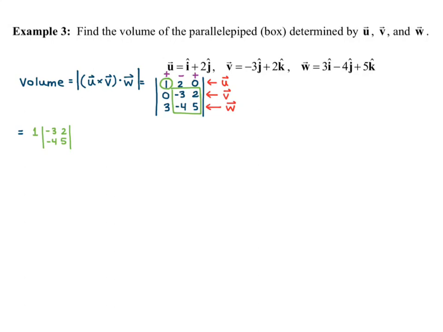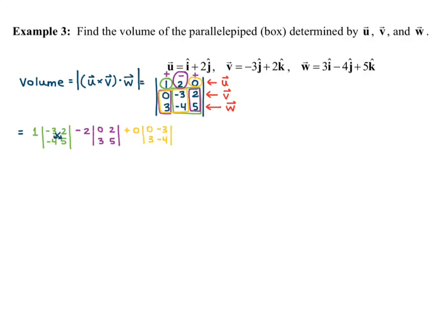You have positive, negative, positive across the top row. So now I'm going to do minus 2 and then the 0, 3, and 2, 5 columns, because that's what's left over when I eliminate the second column, first row. So I have minus 2, 0, 2, 3, 5. And now the last one is a 0, so I'll go ahead and do plus 0 times the 2 by 2 matrix.